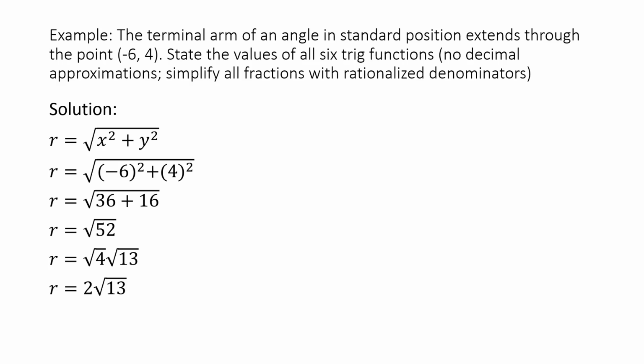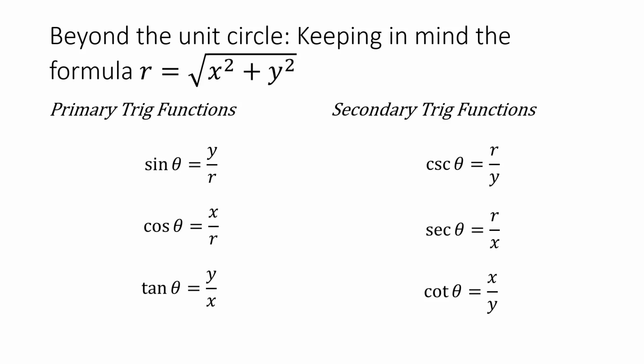What is the angle created there? Well, you're going to figure out what r equals. We know x is -6, we know y is 4. Once we figure that out, we're going to be able to use these formulas.